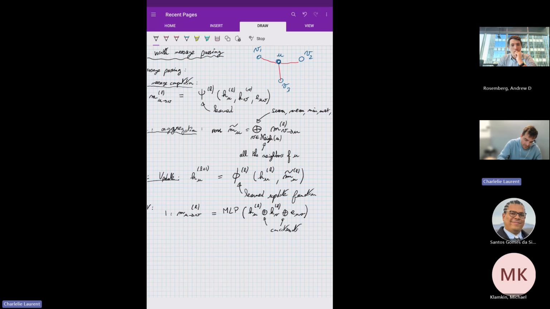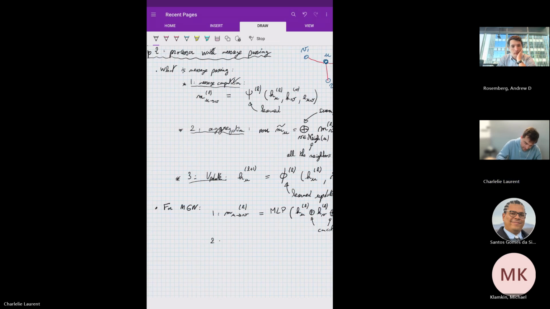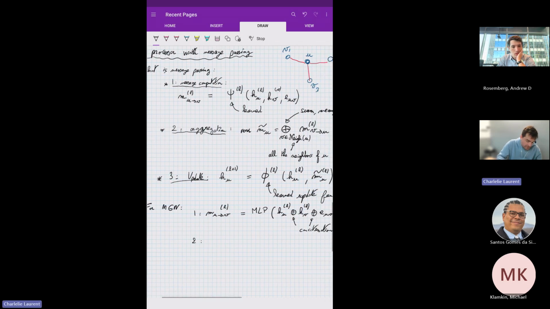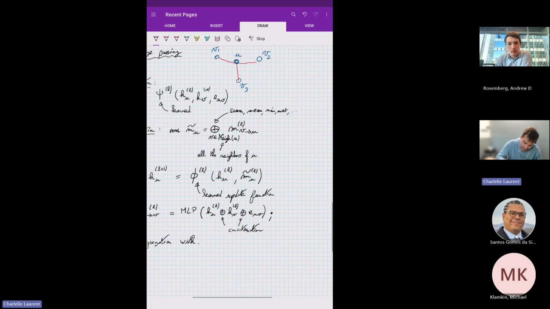So it's like a specific case of the message function I wrote above, where the learned message function is an MLP, and to take 3 inputs, you just concatenate them. Then there is the aggregation. Aggregation is just the same thing using a sum. So very simple.